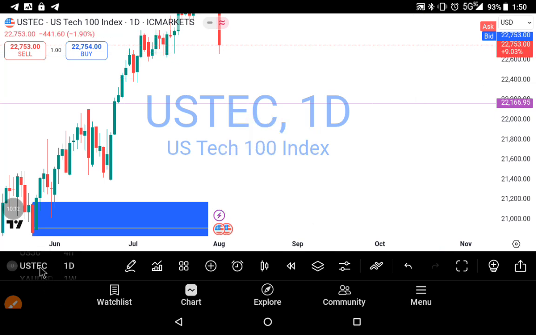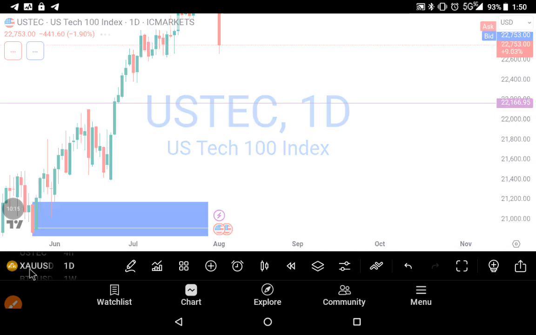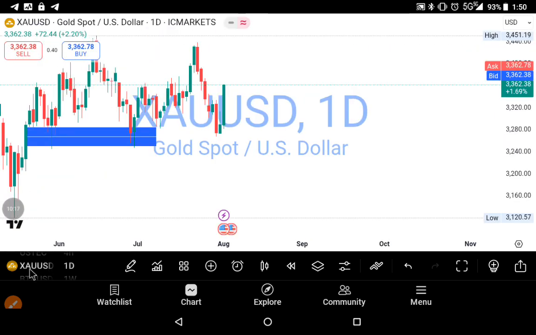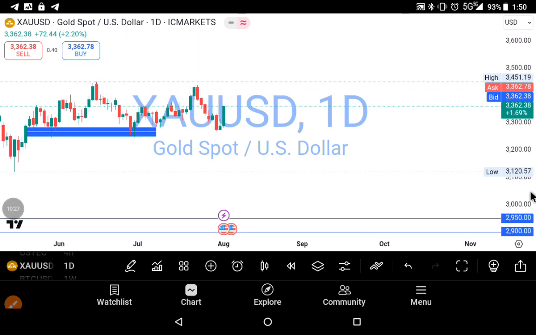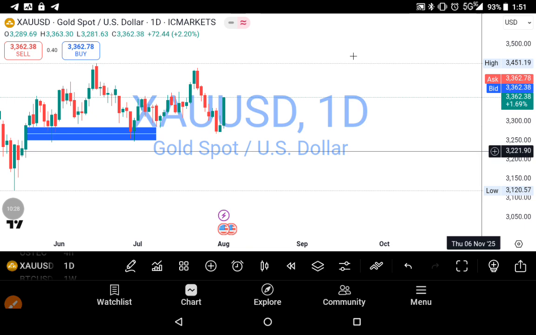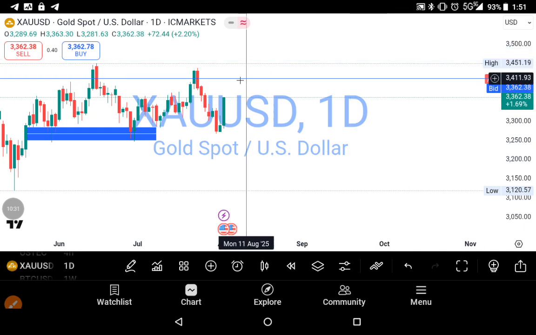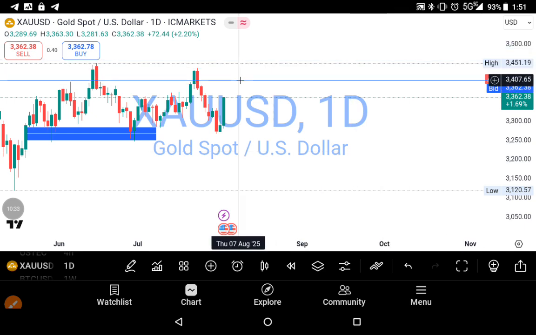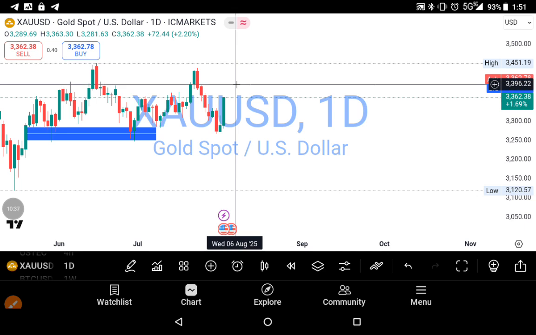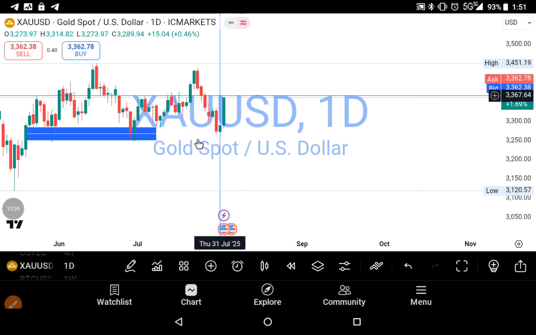Let's go on gold. On gold, I was interested in the level 3,400. The level 3,400 had been taken, it has been delivered, but now the market has gone away from it again.